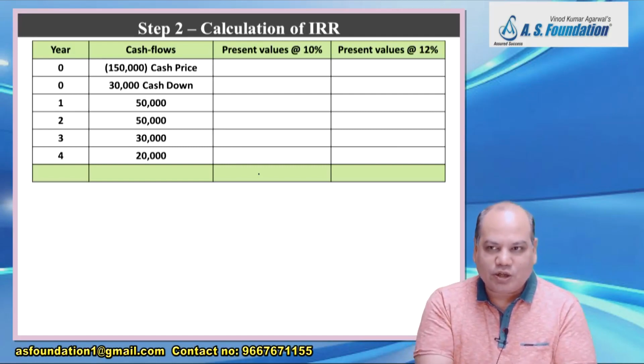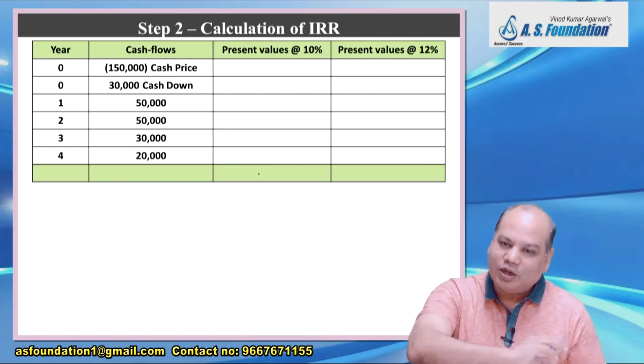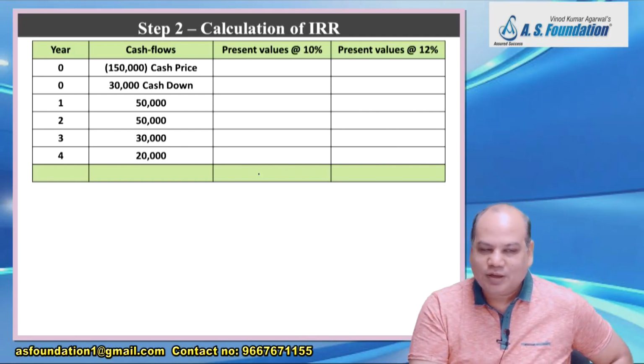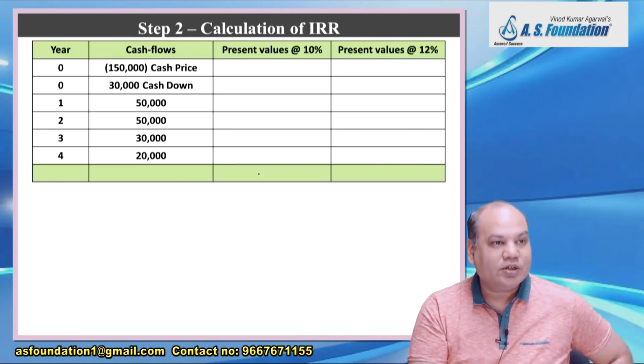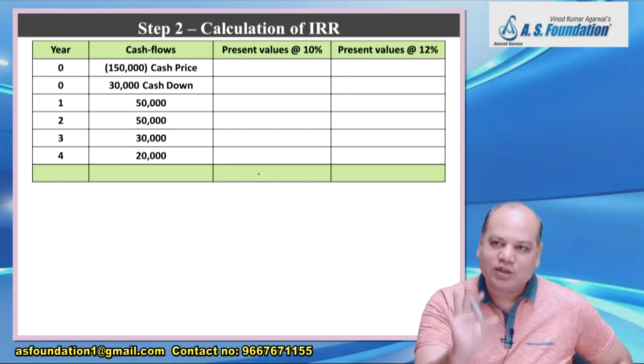I deposited 100 rupees, the bank gave me 110. 110 will be discounted, will get 100 rupees. 100 will be compounded, will get 110 rupees. But you are using the same 10% interest rate. When we compute present value, the interest rate is known as discount rate. When we compute the future value, the interest rate is called interest rate only.